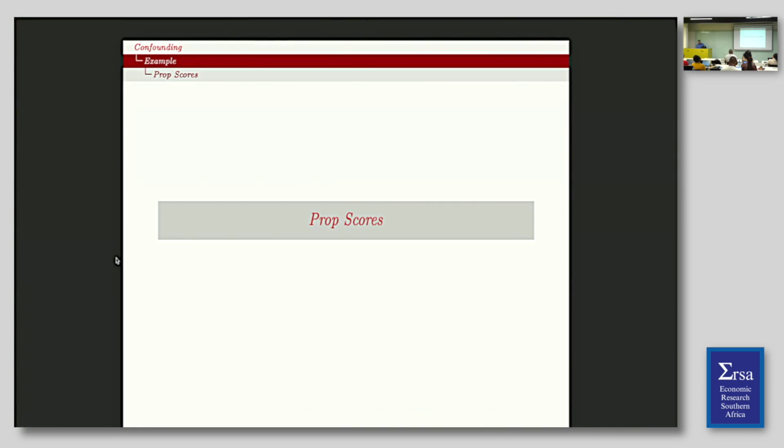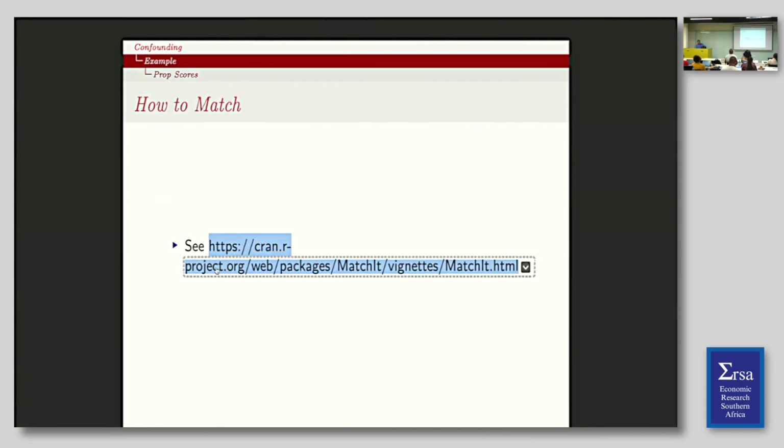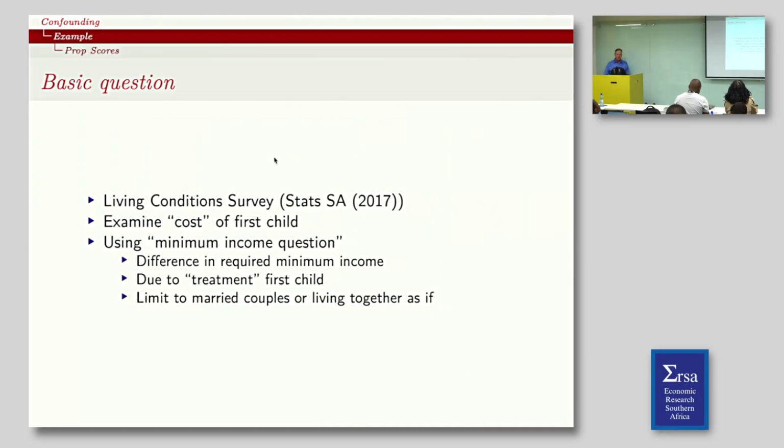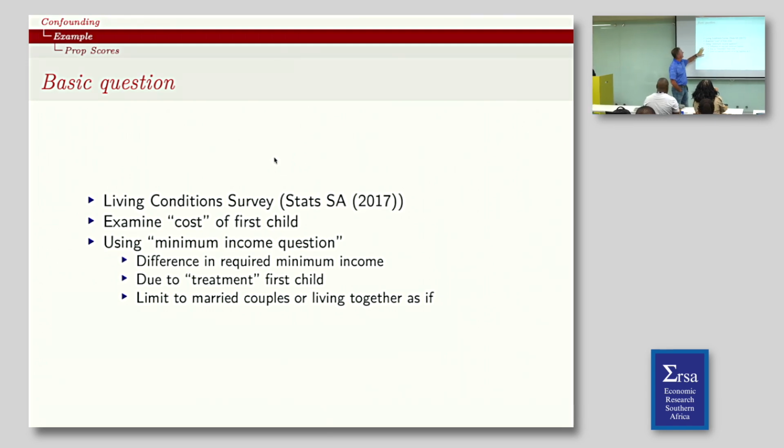So I take that and I apply it to some South African survey data, the living conditions survey data from 2014-15, but the reference is 2017. And I'm going to estimate something called the cost of the first child.